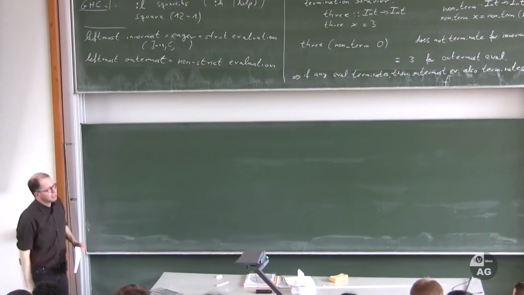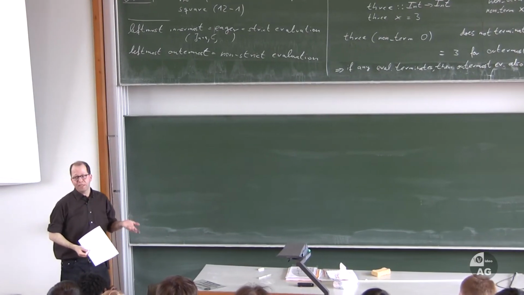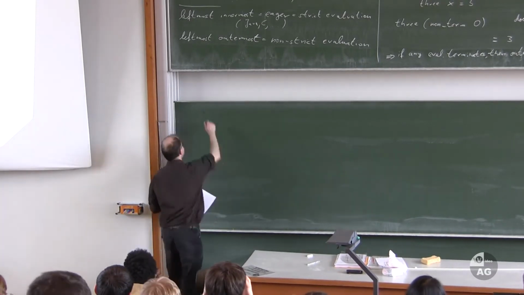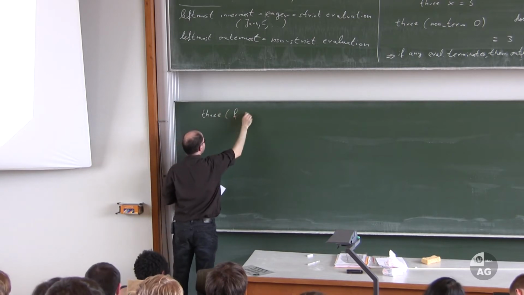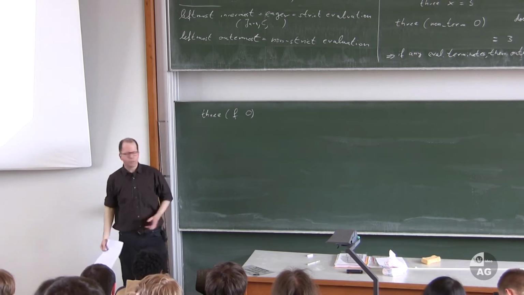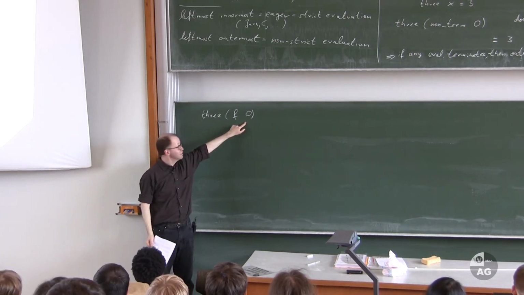And, well, with the same example, you can also imagine that outermost evaluation can be faster, can be more efficient. So, I mean, if you compute something like 3 of f of 0, and f is a function that takes really, really long to compute. So to evaluate f of 0, you take a whole year of evaluation.